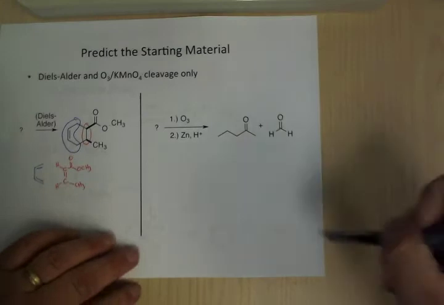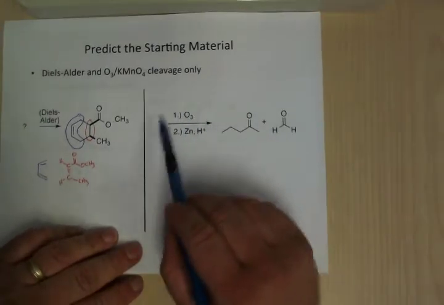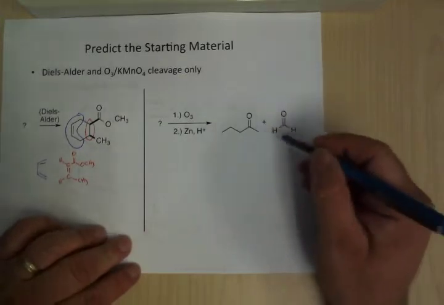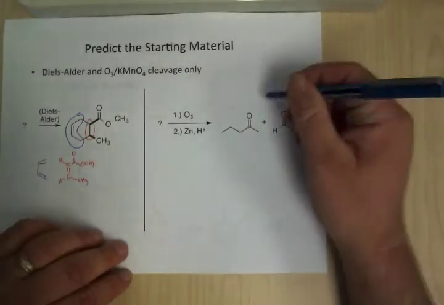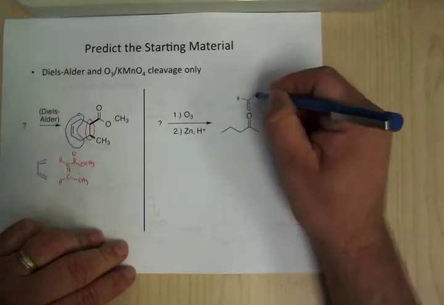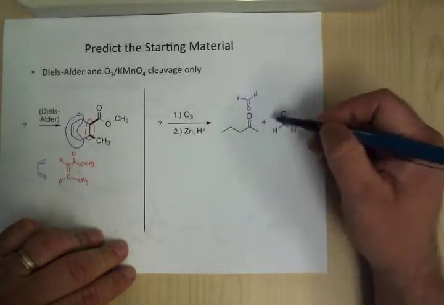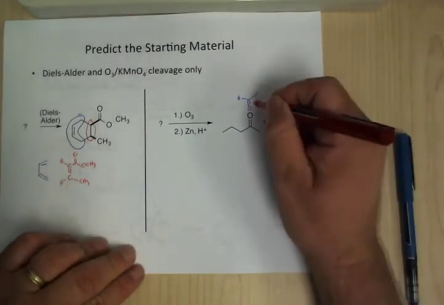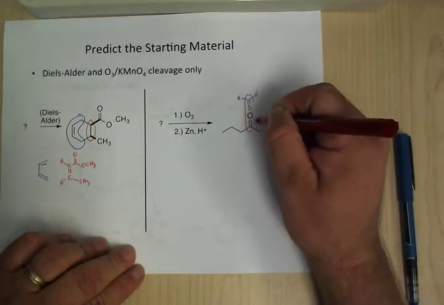Now for the ozonolysis, we're not going to get over oxidation. The easiest thing to do, what I've always thought, is to get the C double bond O's right next to each other, so they're facing head to head when you're trying to predict it, and this is where the double bond is going to be.